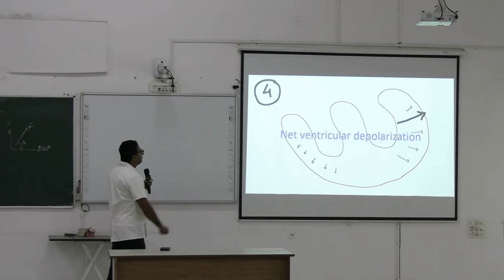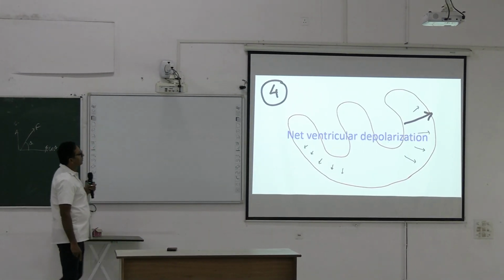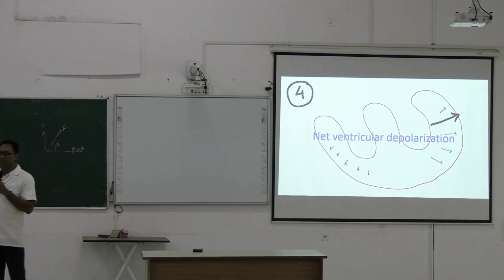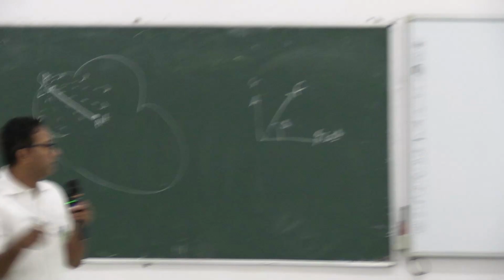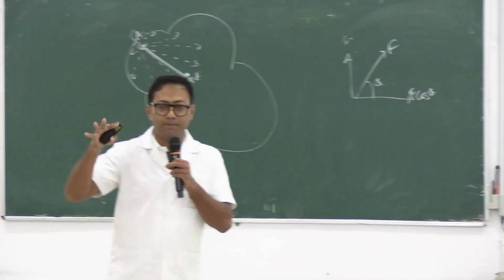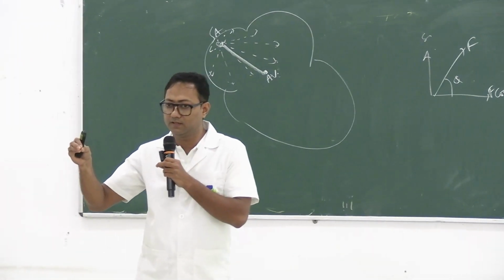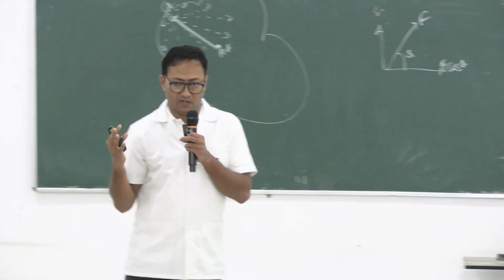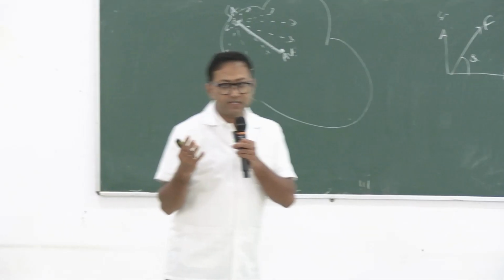Now come to the fourth vector. Actually, there is no specific fourth vector. The sole purpose of the fourth vector is to depolarize the ventricular free wall. What do you mean by ventricular free wall?